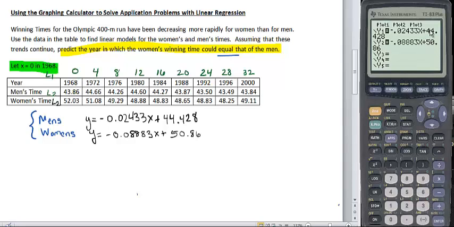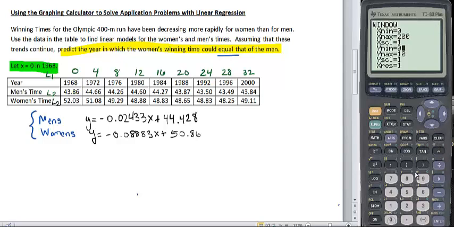Since I know that my y-intercepts are so large, I'm going to change my window. Before I graph, I know I'm not dealing with any negative years. I'm going at least all the way up to 32, and it's going to take a while, so I'm going to give myself even 200 years.